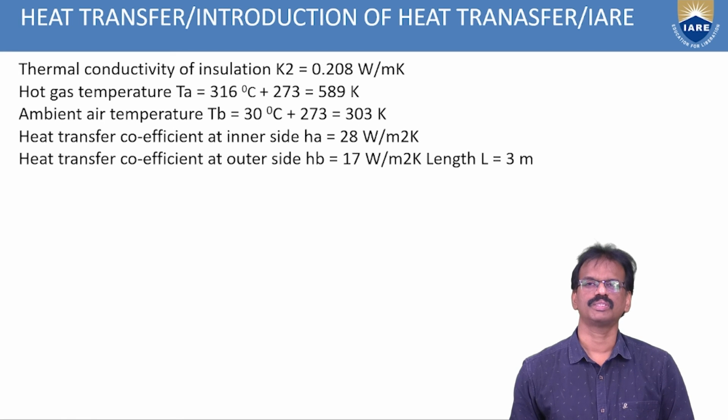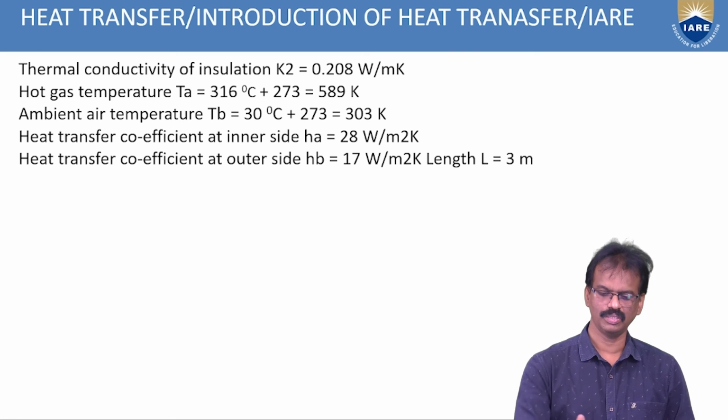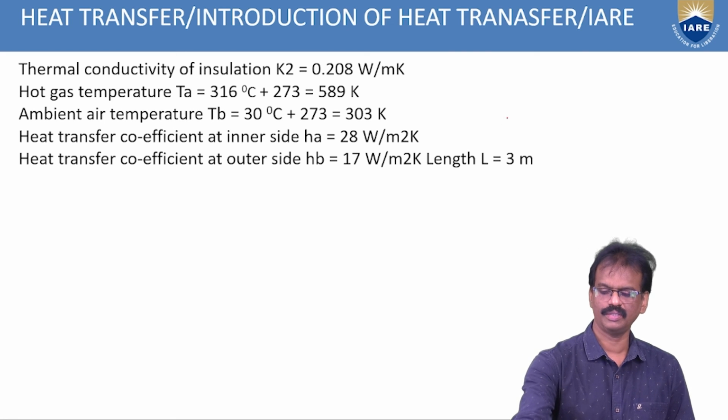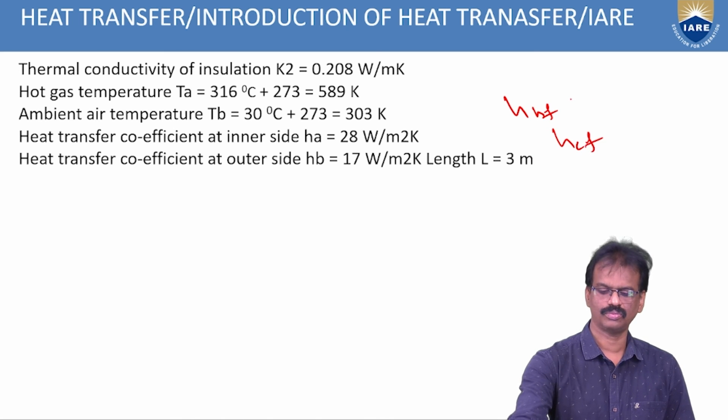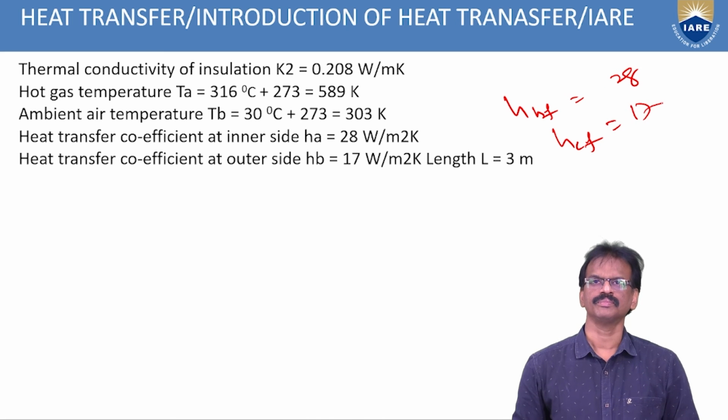The hot fluid temperature TA and the ambient temperature can be converted into kelvins. The heat transfer coefficients: HA, or you can write HF for the hot fluid, and HCF, that is 28, and this one is 70.